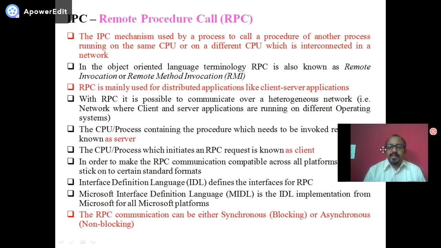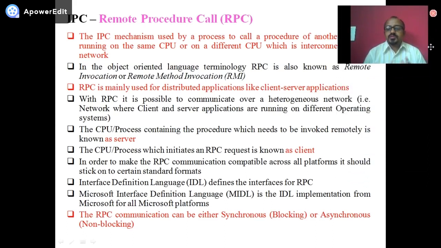The one who creates this remote procedure call is called a server, and runs the server application, and then the other end, the process 2 on the other side, which receives the data or information, is called a client process. The CPU and process containing the procedures which need to be invoked remotely is known as a server, and the CPU process which initiates the RPC request, that I told you, right?